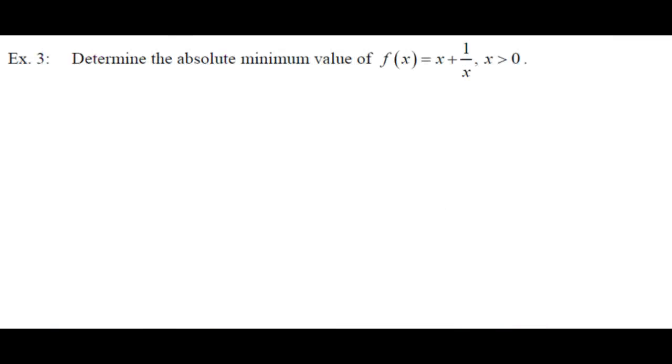Determine the absolute minimum value where x is greater than 0. So f of x is x plus 1 over x, where x is greater than 0, the absolute minimum value. So we need f prime of x.